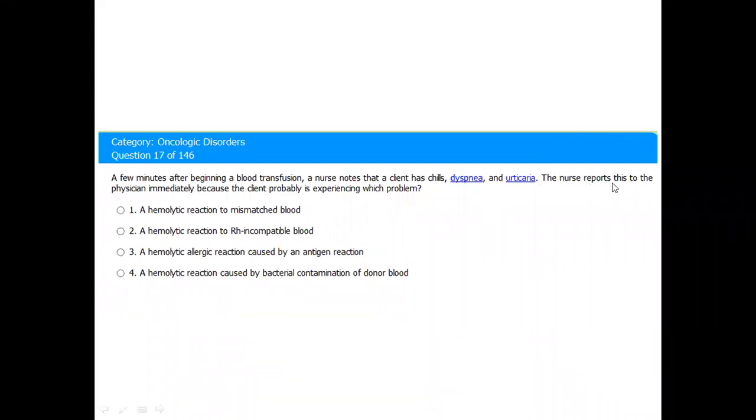The nurse reports this to the physician. The nurse should report this to the physician immediately because the client is probably experiencing a problem. What problem? If after the blood transfusion your patient has a reaction like chills, dyspnea, and urticaria, there are 4 options.